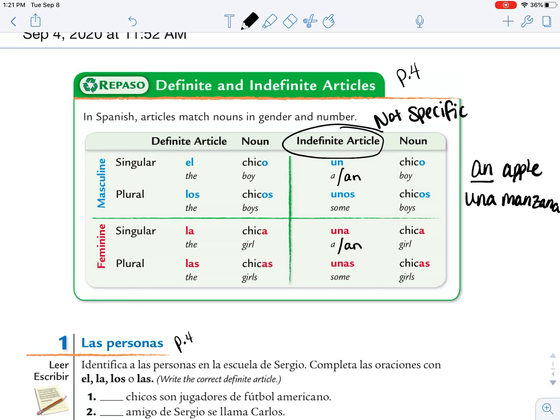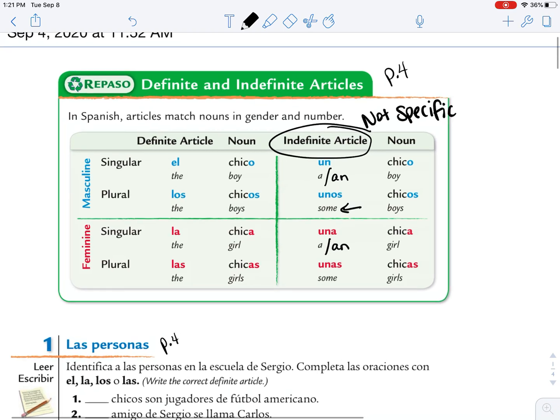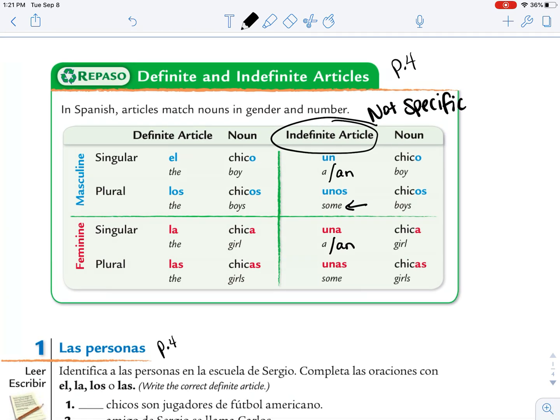So un and una in English would mean a or an. Unos and unas in English would be some. So if you say unos chicos, you're talking about some boys. Nobody specific. Unas chicas, some girls.